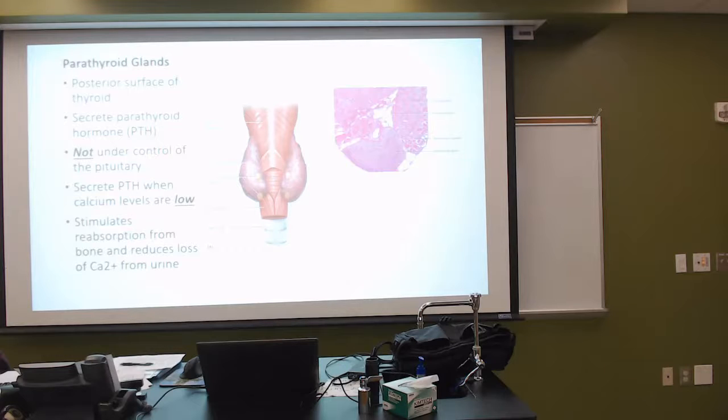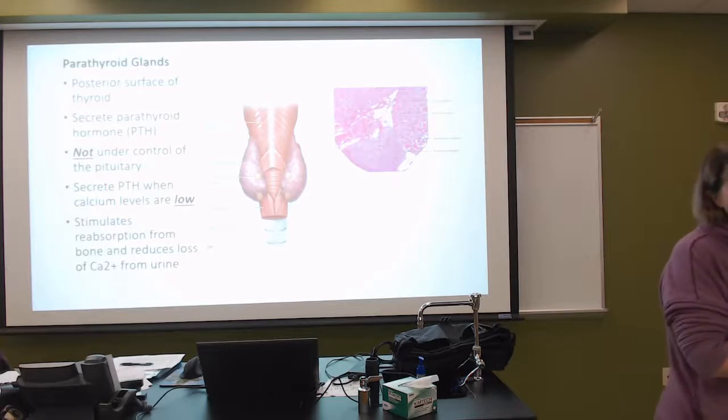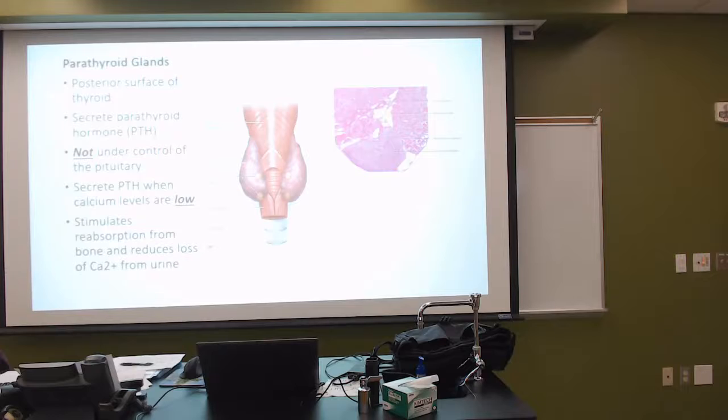Well, now, if the body is saying, I don't have enough calcium, it can now go and get the bone to break down. Do you remember what cell that was for the bone cells? Osteoclast. Osteoclasts. All right? Because if you hear that term, clast, okay, that's breaking down.